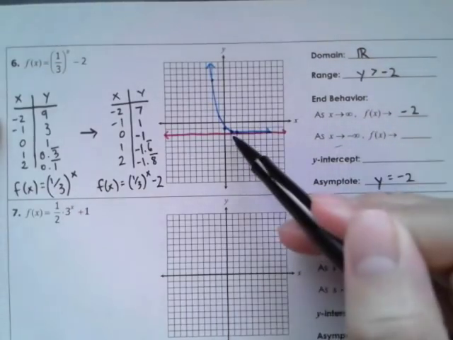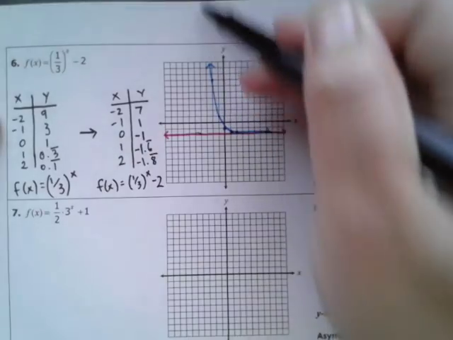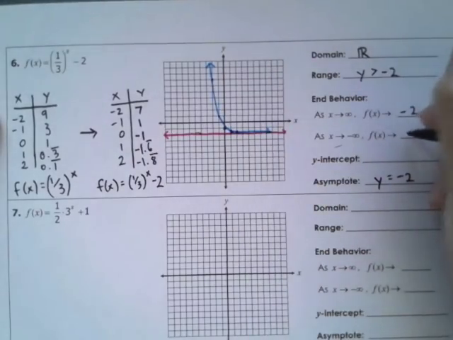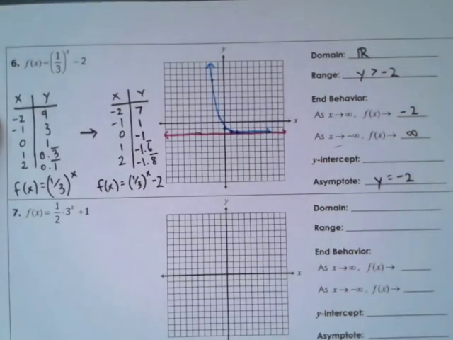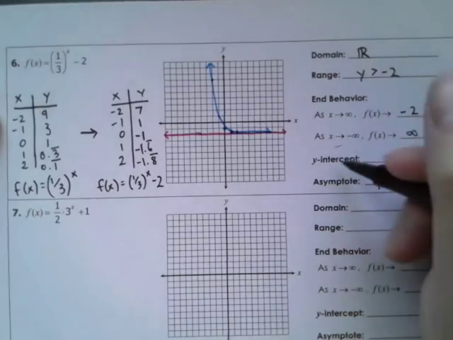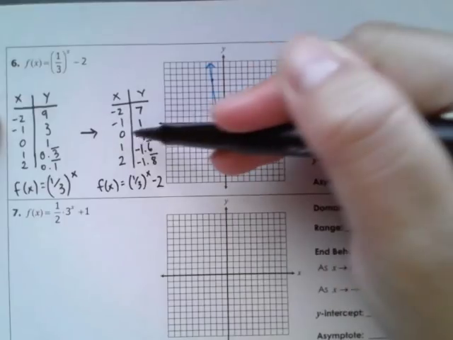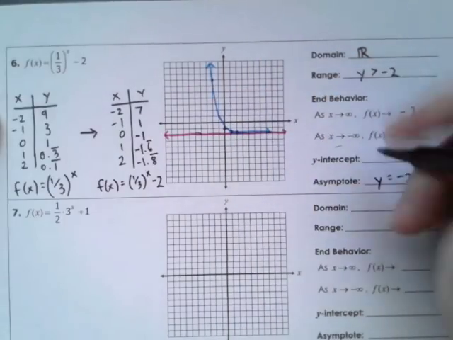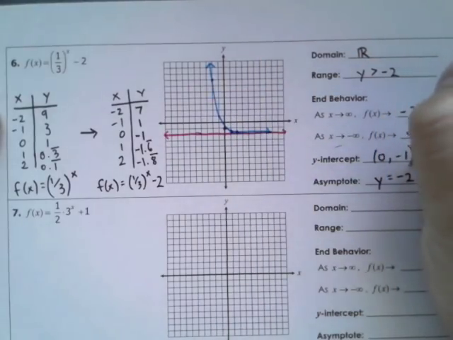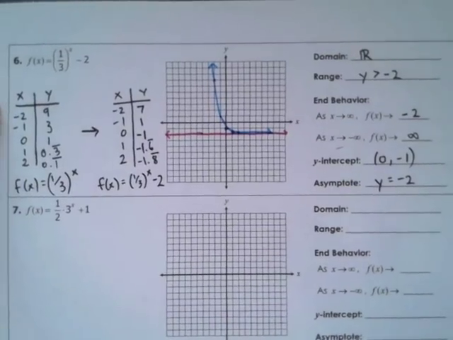As x goes towards the negative infinity side, f of x is going to keep going up towards infinity. And finally, my y-intercept, I can tell from my table here, where x is equal to 0, I get -1. And that's this example here.